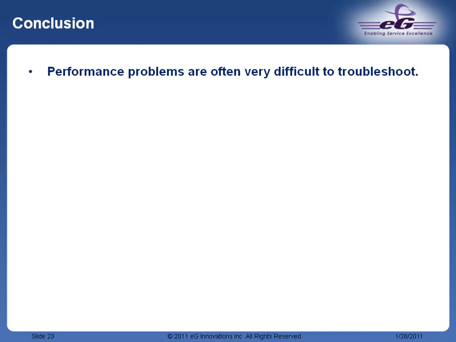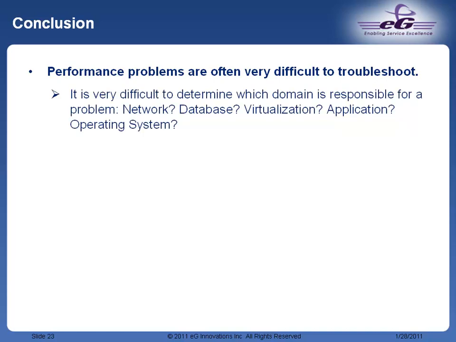In conclusion, in today's multi-tier virtualized IT infrastructures, performance problems are often very difficult to troubleshoot. It is very difficult to determine which domain is responsible for a problem: network, database, virtualization, application, operating system.